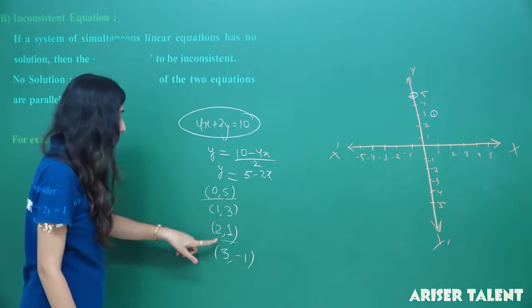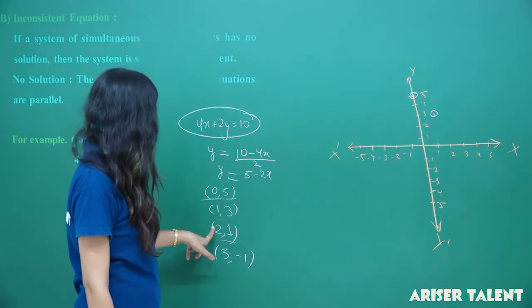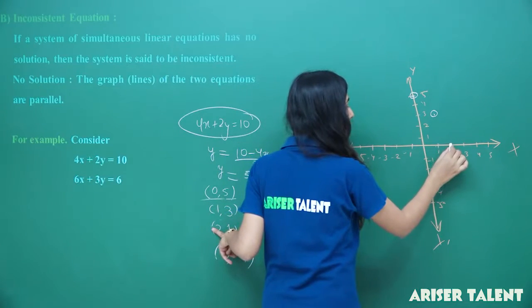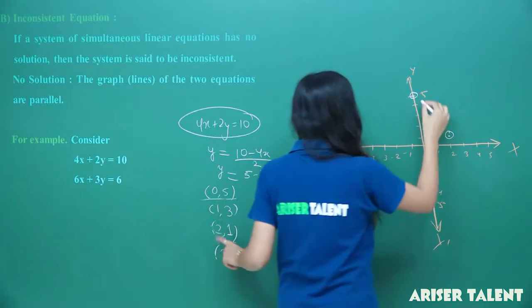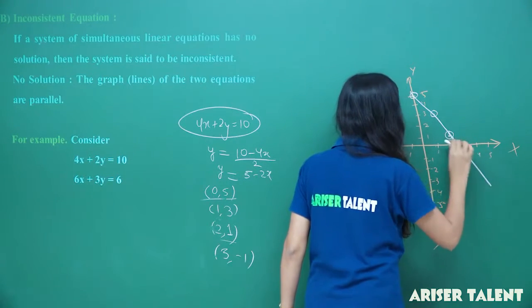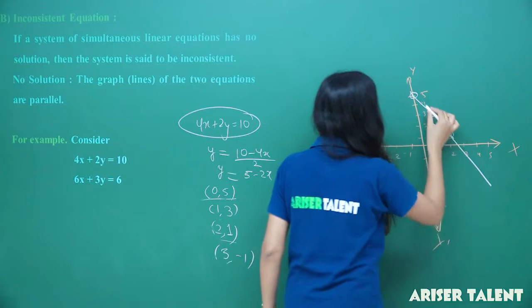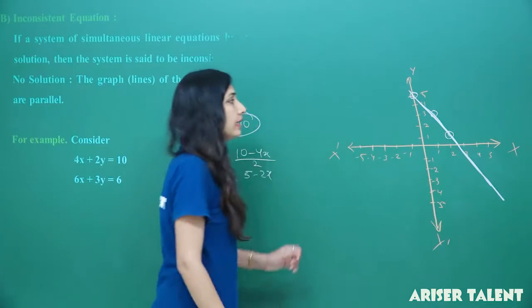Now can I say also that if it's 2, it will be 1 here. So can I have this line? That will be something like that. This will be the line here, students. So this is the line.